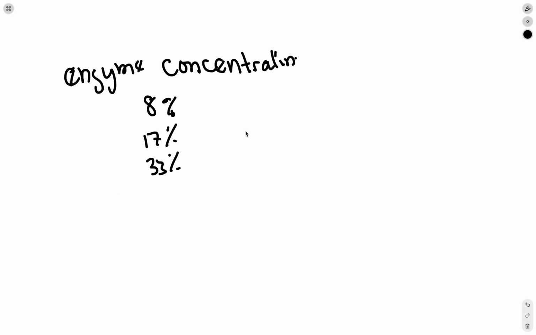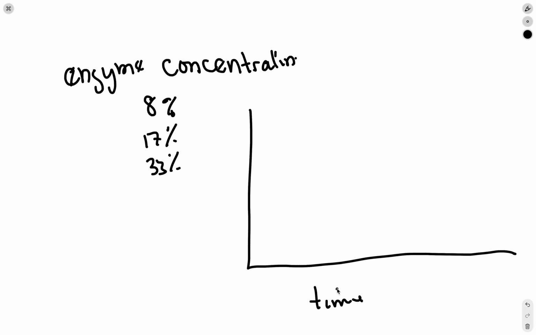And so we start out and we could make one graph with all these 3 on it. And this axis would be time, and this axis would be absorbance. And I'm just making up this data, but we could say with 8%, we started out at 0 time about here, and we collected data, and we got data here, and here, and here, and here.